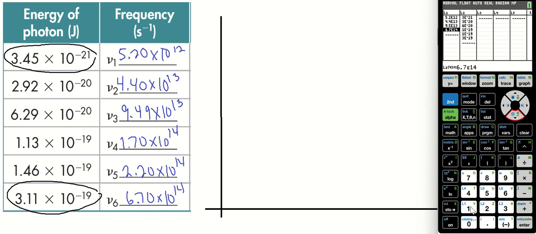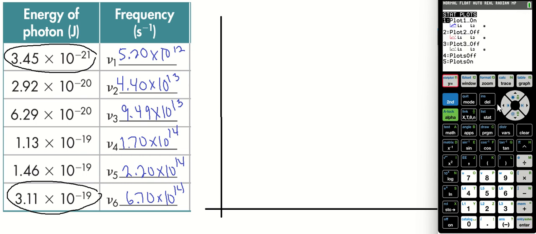Okay, I'm going to put them all in here. 1.7 times 10 to the 14. 2.2 times 10 to the 14. And the last one is 6.7 times 10 to the 14. Alright, see if that works better.